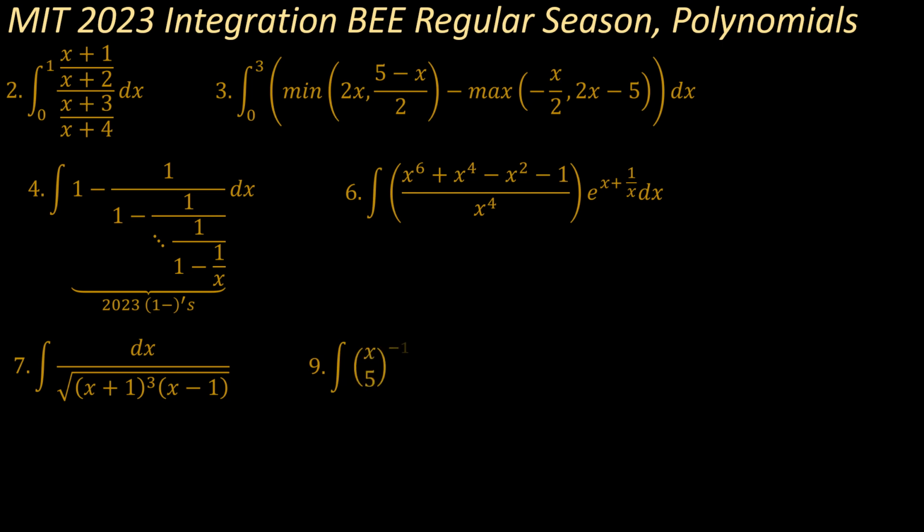Question number 9 was next, which was the inverse of the integral of the inverse of the binomial coefficient of x and 5.